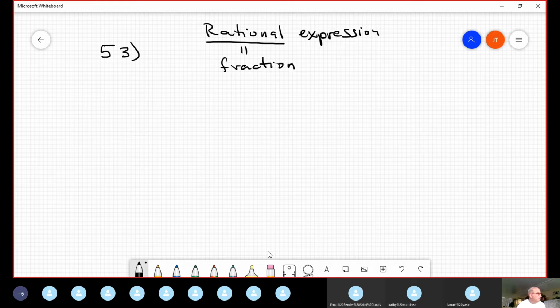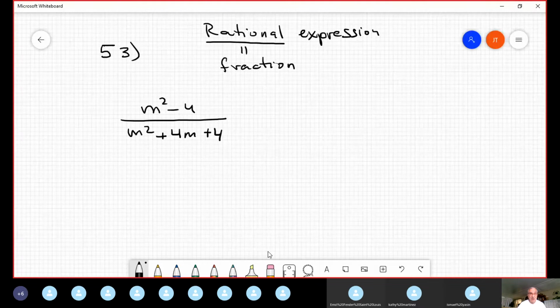Suppose in example 53 we have m squared minus 4 divided by m squared plus 4m plus 4. This is not an equation. This is just an expression. Remember, to be an equation, we need an equal sign. So what should I do?